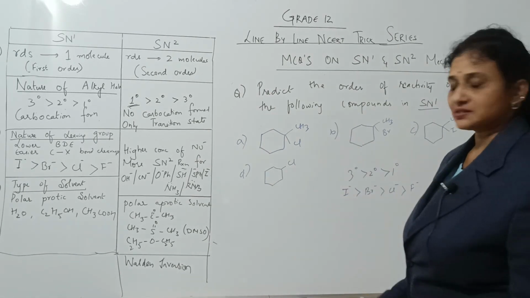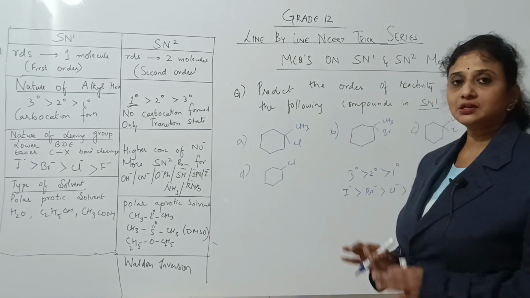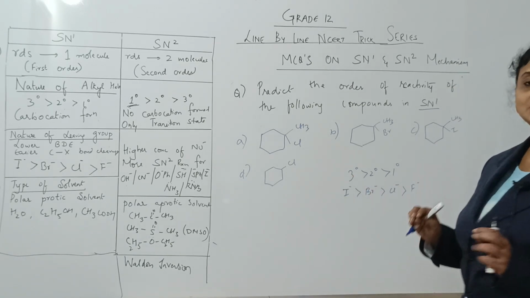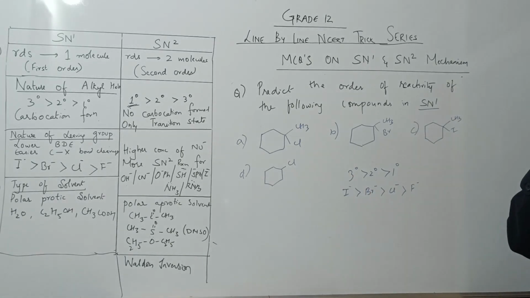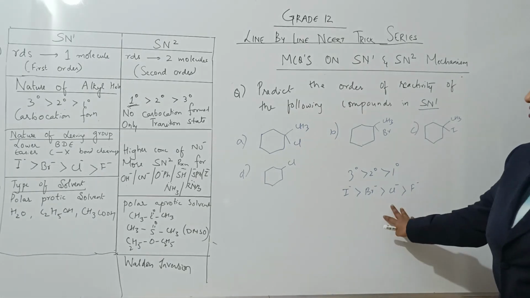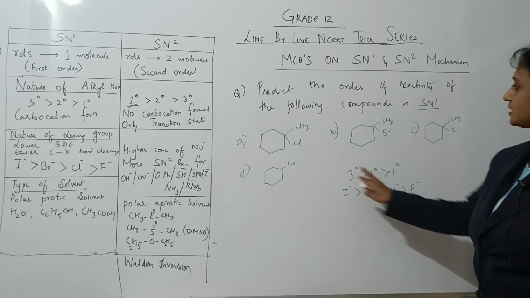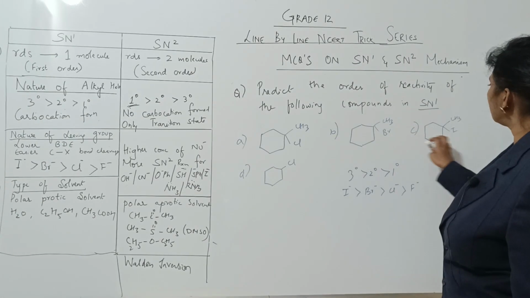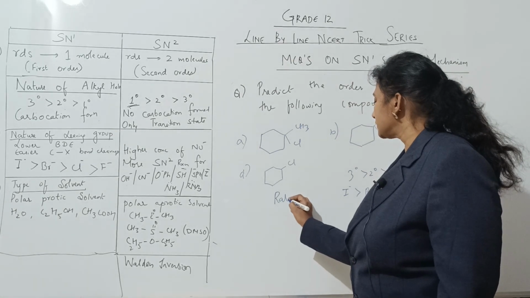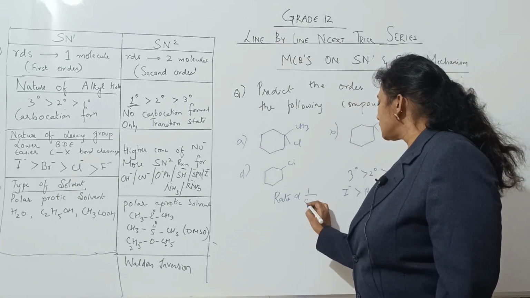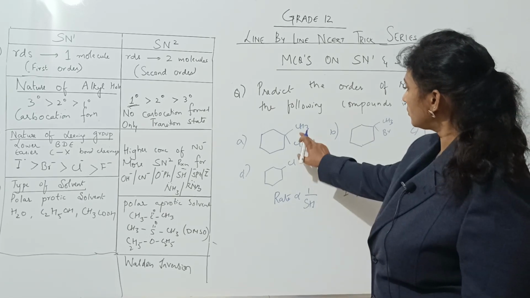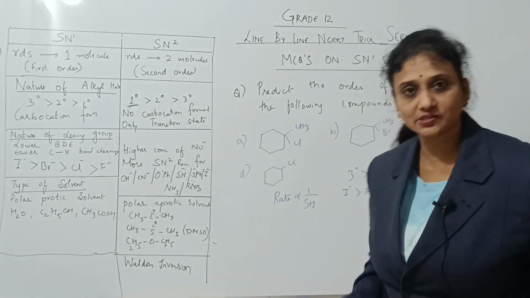Whenever you take a concept, make it clear. Once you understand the concept, it is easy for us to correlate everything. The order is given to me. In all the cases, here Cl, here Br, here this. I said something: the rate of the reaction is inversely related to steric hindrance. If the steric hindrance is more, the rate decreases.